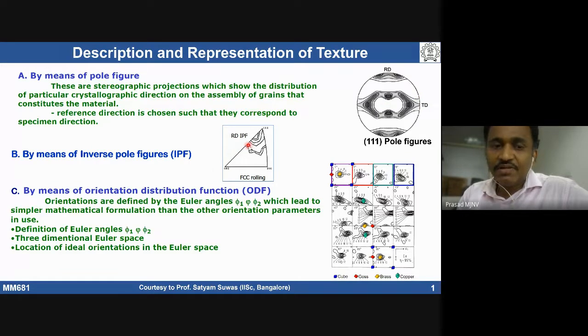Inverse pole figures use crystal orientations to represent the texture. In the case of ODFs, we use Euler space representation. By using Euler space, we can identify the type of texture being developed in the material.